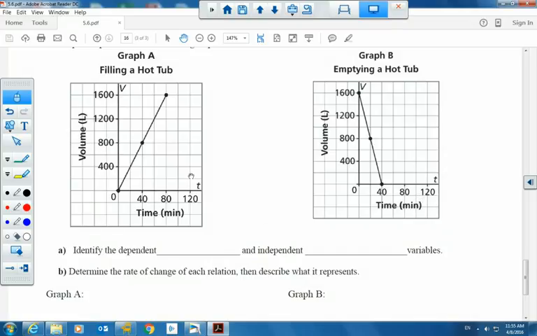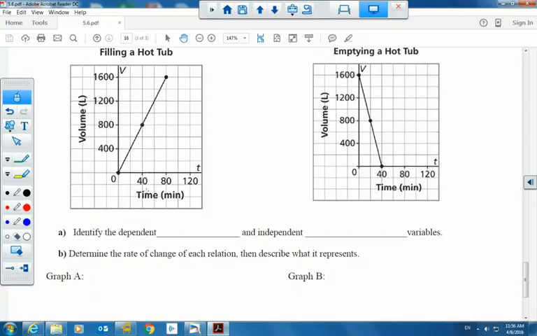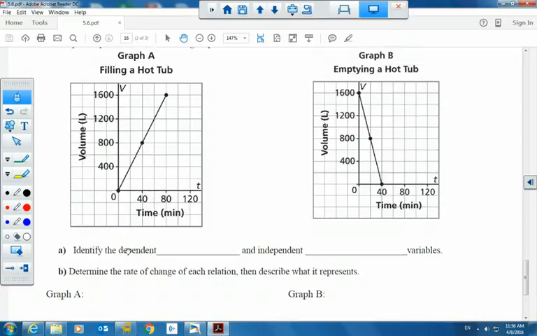All right. Which one's faster? B is faster. Why? It's steeper. Okay. All right. Good observations. So what is the dependent variable here? Volume. Okay. So volume is the dependent variable. And what's the independent variable? Time. So volume. You know what?